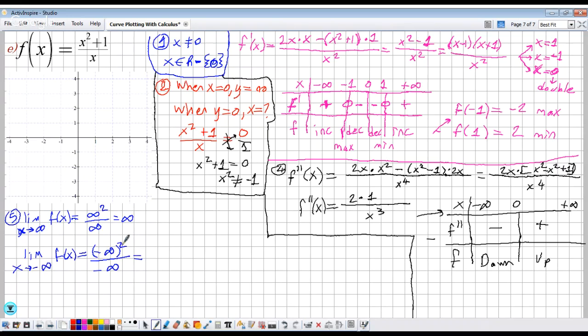Minus infinite squared will be positive, so plus over minus will be minus infinite. Right now, from checking limits, we didn't find any number. That means there is no horizontal asymptote in here. Let's close this one. So now the final case, the sixth one, asymptotes. So firstly, the vertical asymptote.